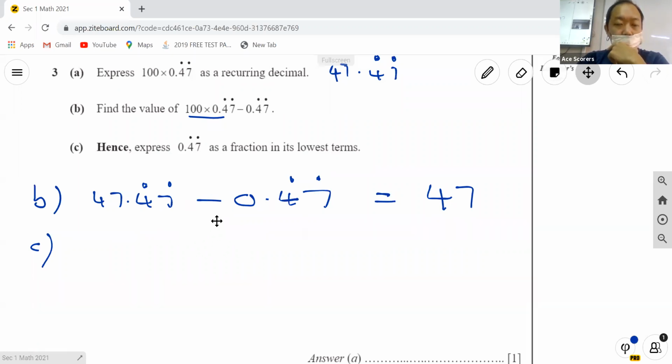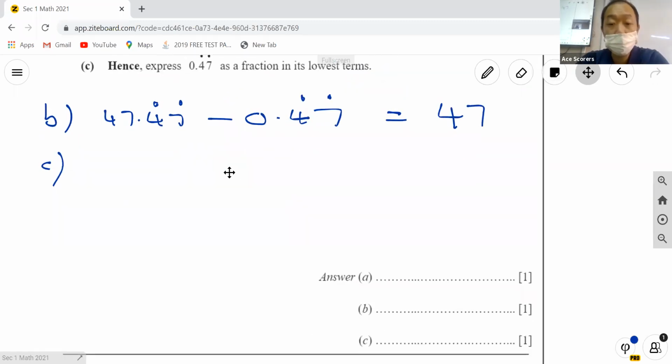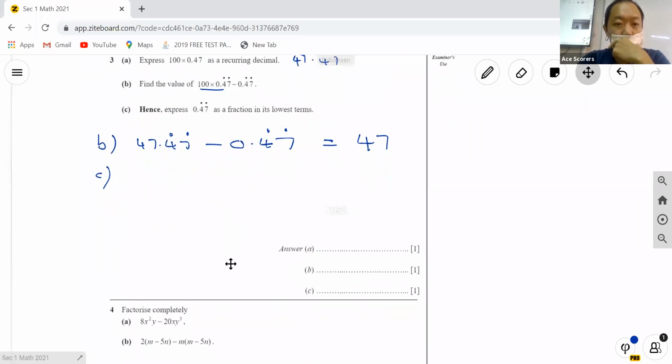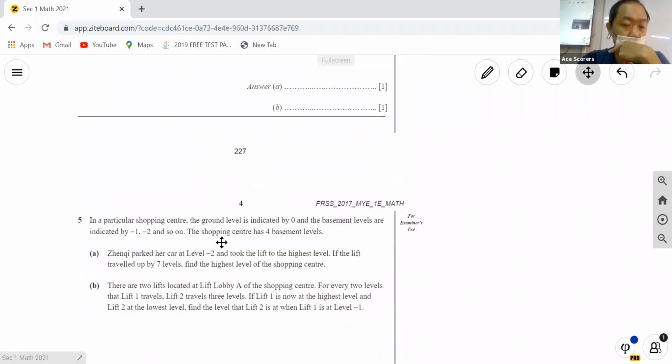Okay, wait, let me check the answer first. It has something to do with multiplying by 100.